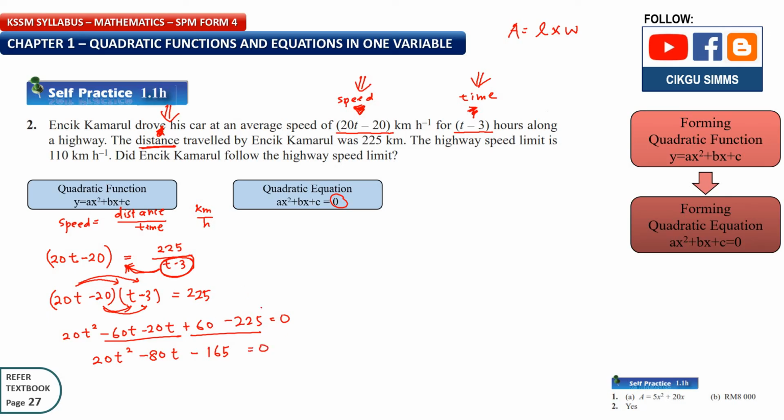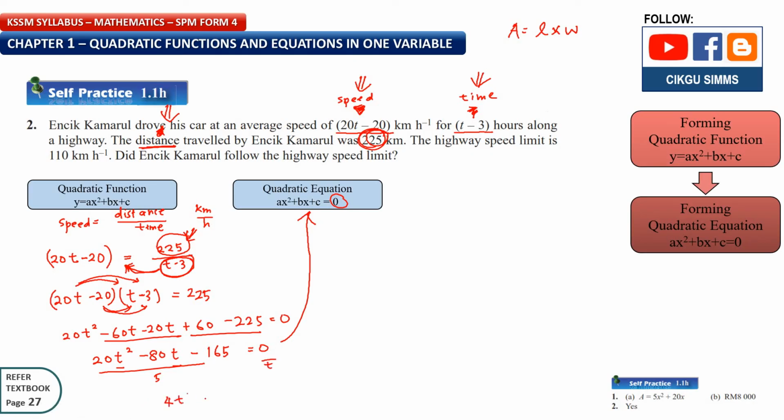So I'm already at this stage, I already formed my quadratic equation, because I already substituted the distance value here. So what I got already is an equation, something equal to something. So I need to solve it to find my t. And then these three are all multiples of 5, so I can divide all of them by 5 to simplify the equation.